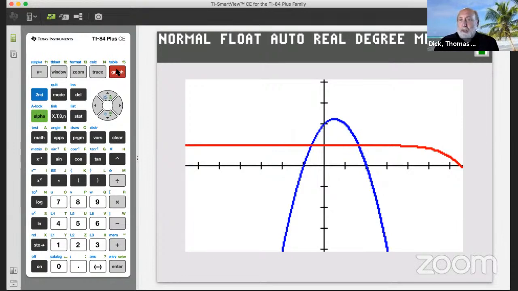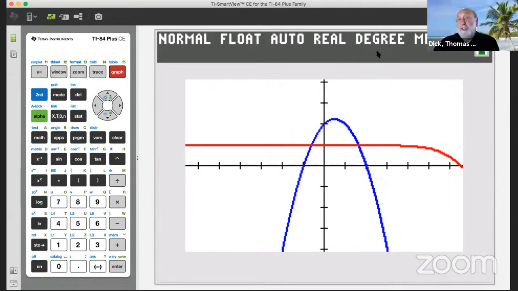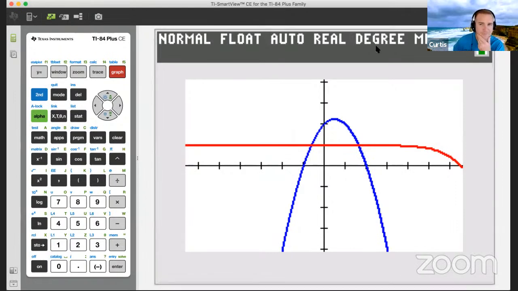I don't know, Curtis, can you help me out? Well, you had me suspicious for a moment there that you had made an unintentional error until I saw the smirk on your face, which led me to go and check the angle measure on your calculator. It has degree up here.